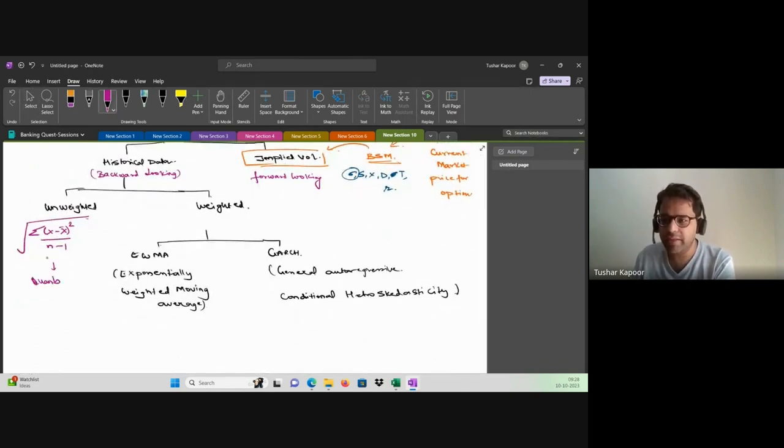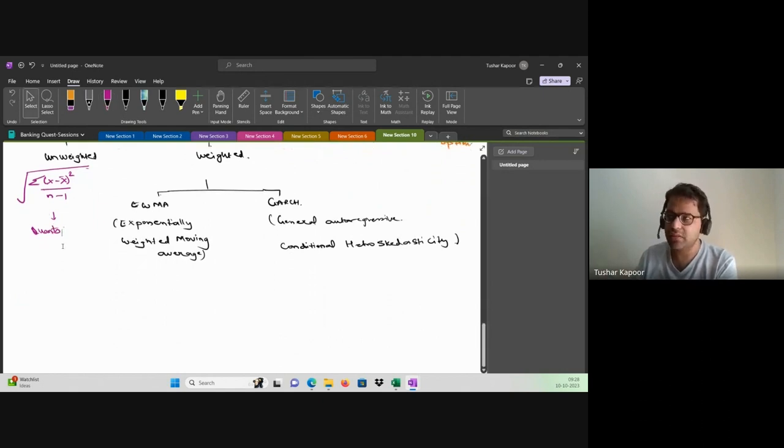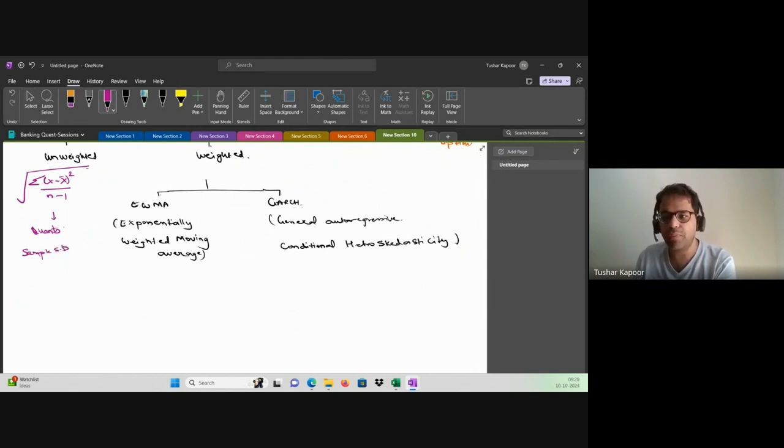Okay, so this is something which is coming from your quants book. But remember, whenever it comes to the prices or things which are associated with the past, like financial numbers, we majorly use sample standard deviation. We don't use population standard deviation because we understand at any point of time we do not have complete data.